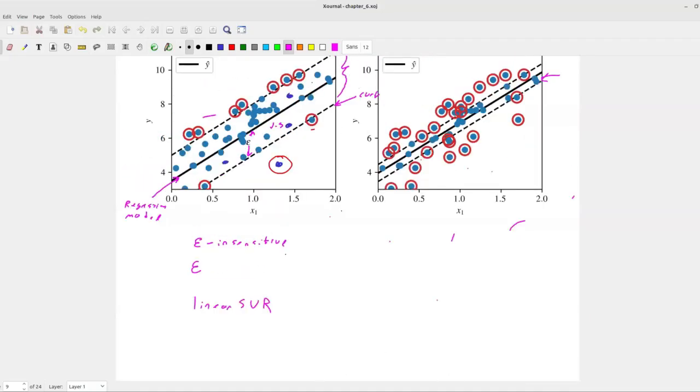We can also do non-linear support vector machine regression. And again, to do nonlinear support vector machine regression, we're going to have to use the kernel trick.